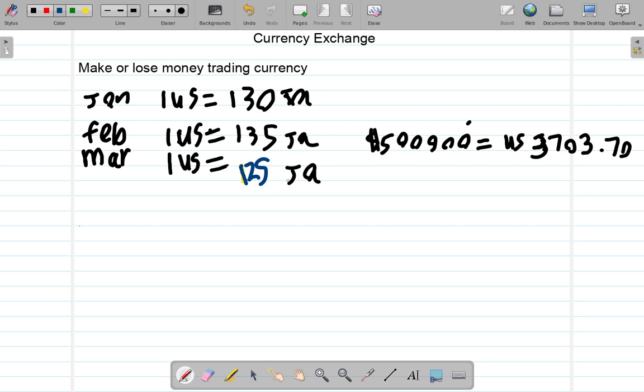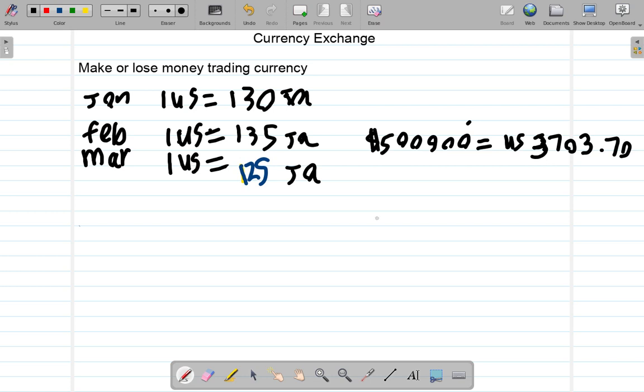It has strengthened. When they were expecting the Jamaican dollar to weaken, they said, no, let me not keep my money in a weakened currency. Let me keep my money in the currency that is stronger. So they changed to US dollar. But they made a mistake this time. So let's see what happened to their money in March.